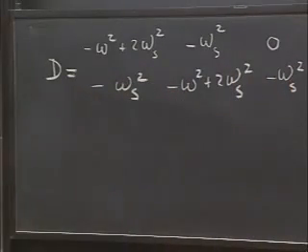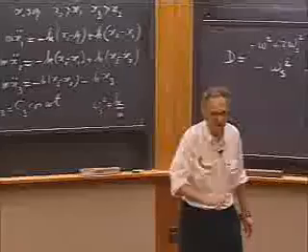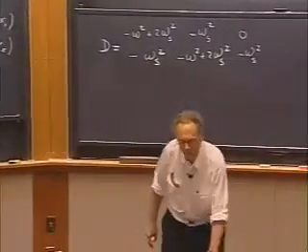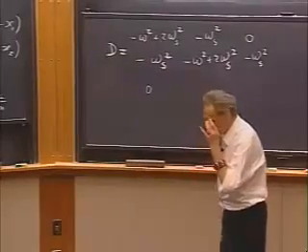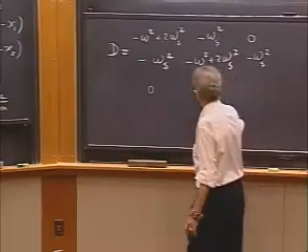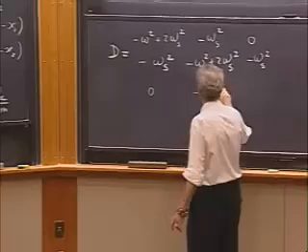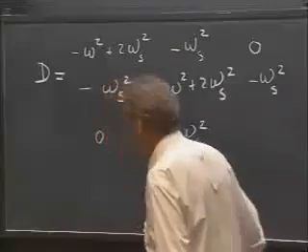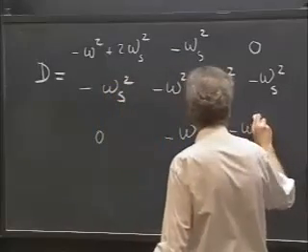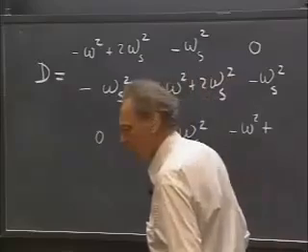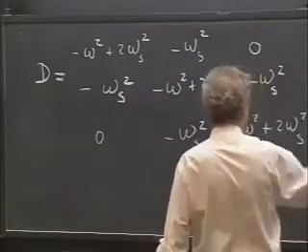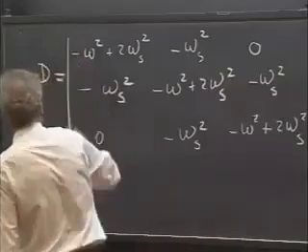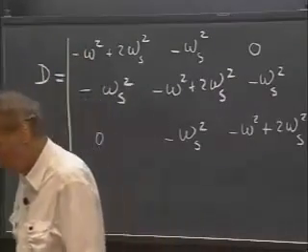Now the third differential equation, there is no x1. Therefore, that is a 0 here. And then you get minus omega s squared. And then here you get minus omega squared plus 2 omega s squared. And you have to take the determinant of this matrix.